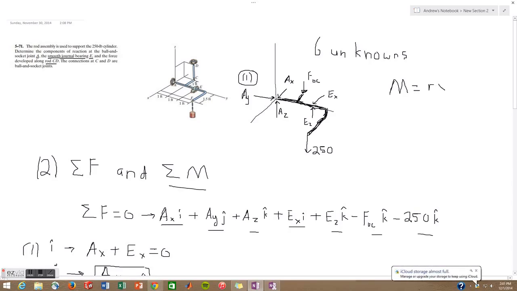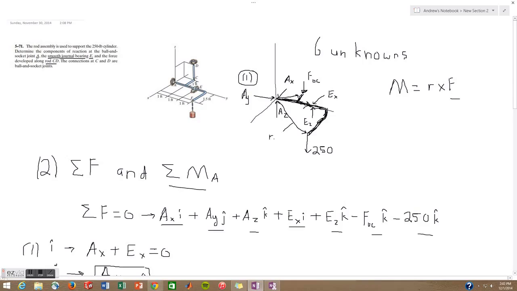Keep in mind the moment is equal to r, the distance from the axis or the origin, whatever we choose really, cross the forces. In this problem, we want the moment to be at A because since there are 3 forces at A, you can really simplify the problem a lot. Here I'm drawing the r's.